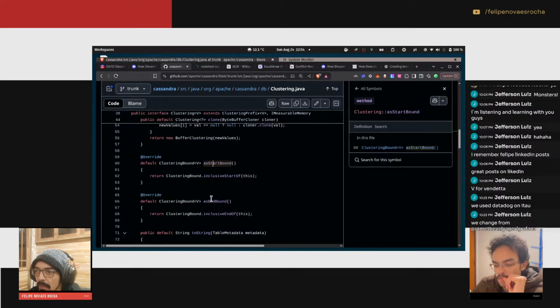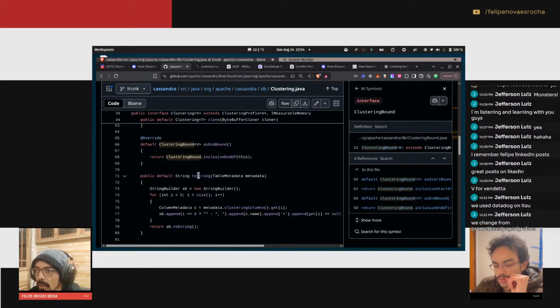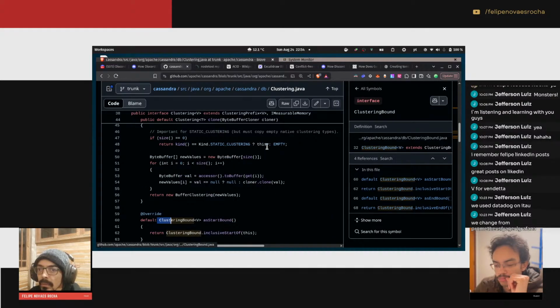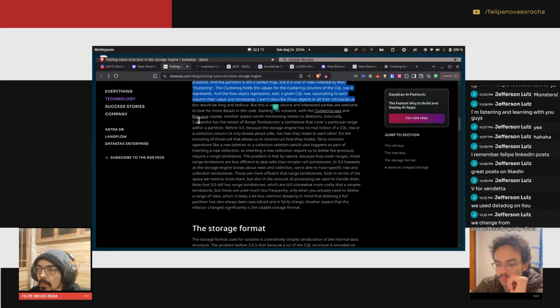I think start bound and end bound is to make clustering easier across nodes. I'm guessing. Okay. And then they have a lot of other stuff. They changed the Row Java class too. Let's see that one. That should be cool.